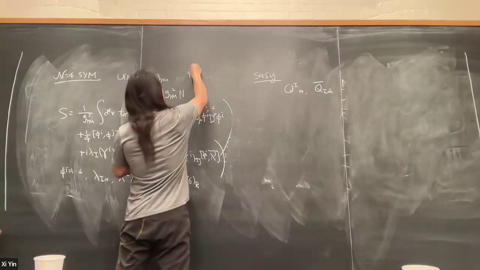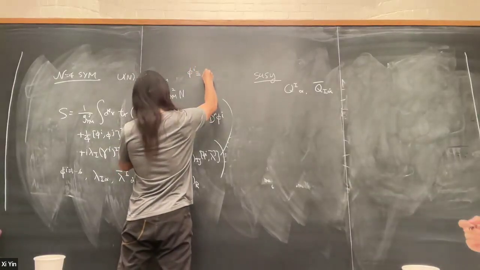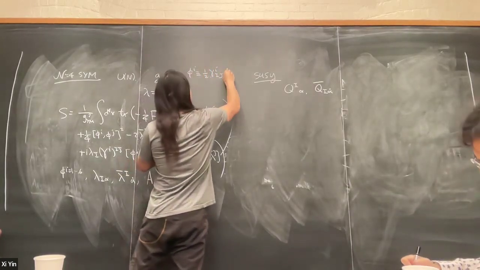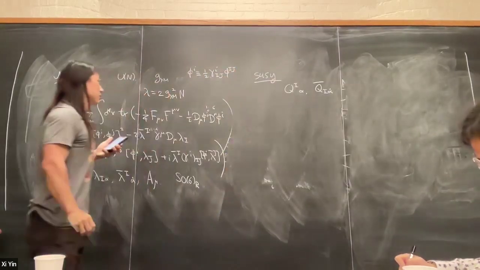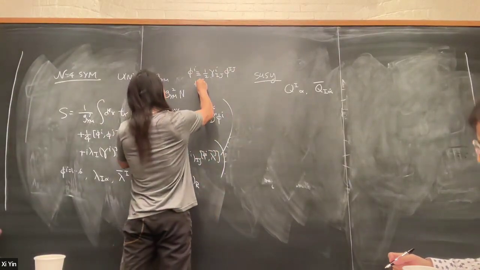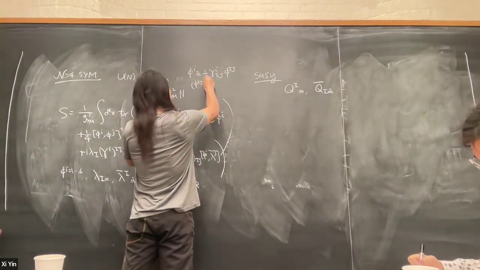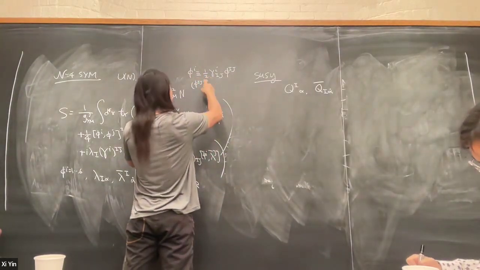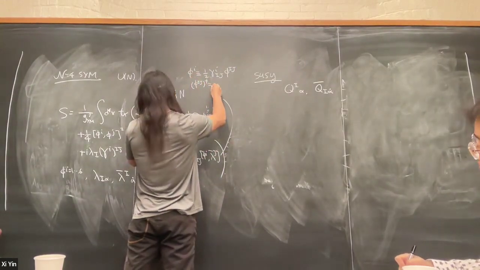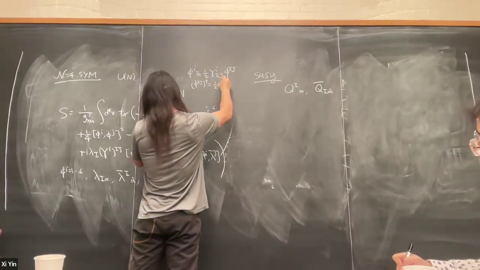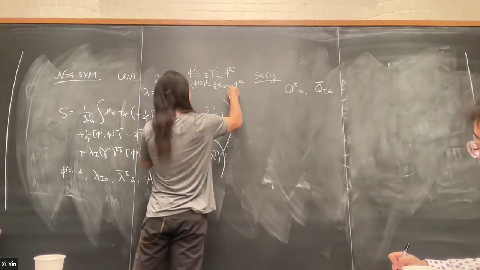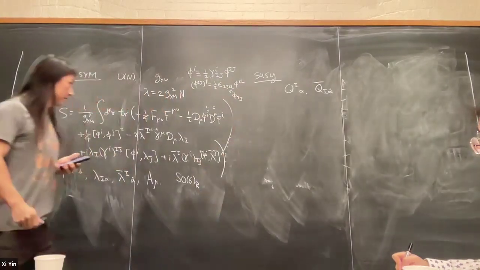So phi^I can be defined as gamma^I_IJ phi^IJ. If you write it this way, this phi^IJ obeys a reality condition: phi^IJ Hermitian conjugate equals 1/2 epsilon_IJKL phi^KL, which I define to be phi_IJ. This is a standard convention.